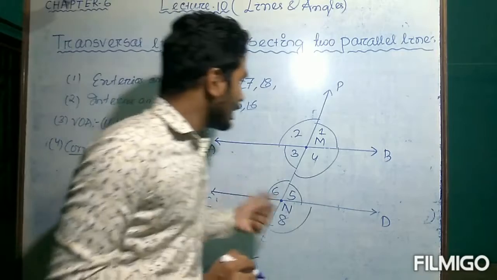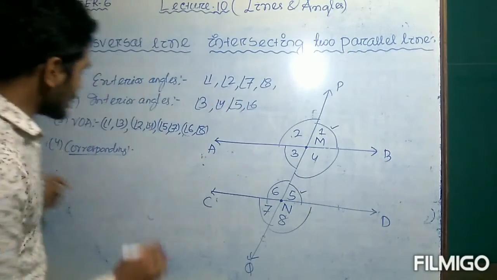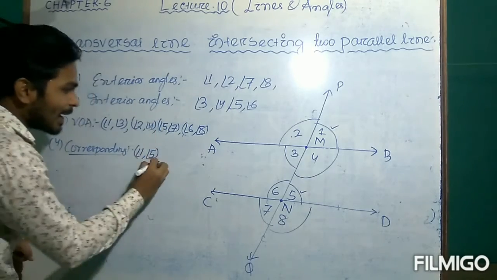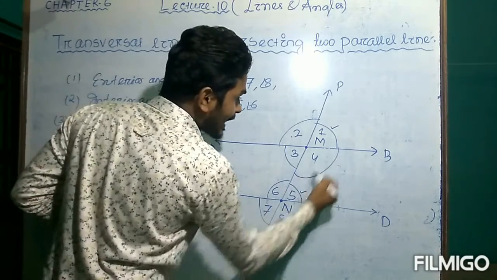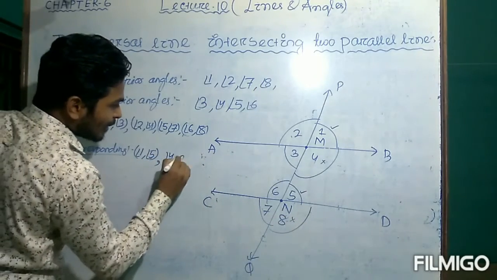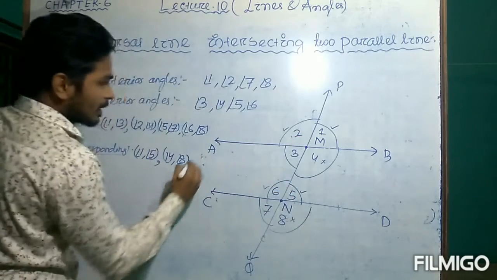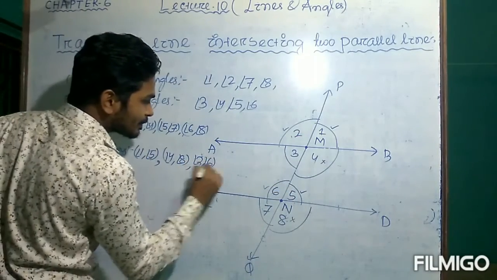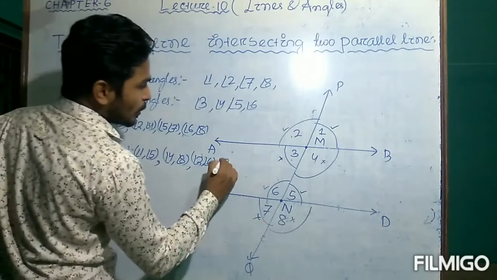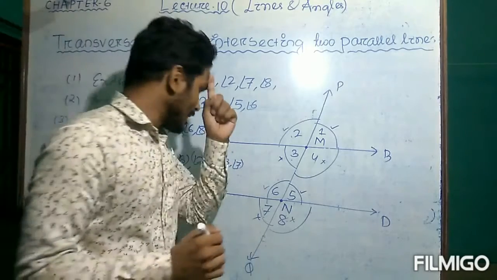So identify them. See, angle 1 and angle 5 are corresponding angles. So 1, 5, this is one pair. Then 8 and 4, this is second pair. Or you can write 4 and 8. Next, angle 2 and angle 6, third pair of corresponding angles. And angle 3 and angle 7. So here also we have 4 pairs of corresponding angles.